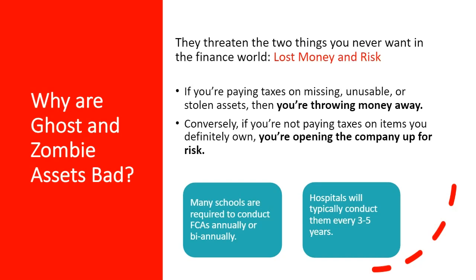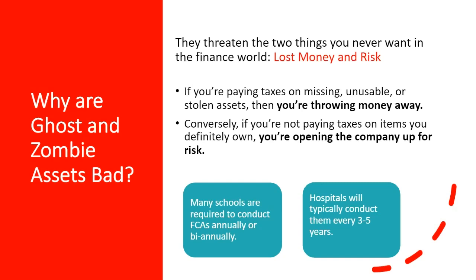You're paying taxes on missing, unusable, and stolen assets. You're throwing money away. All right, you don't know what's in your database, and stuff's just missing because you reposition things. You're losing money. But conversely, if you're not paying taxes on items you definitely own, you're opening the company up for risk. Many schools are doing FCAs every couple of years or annually.